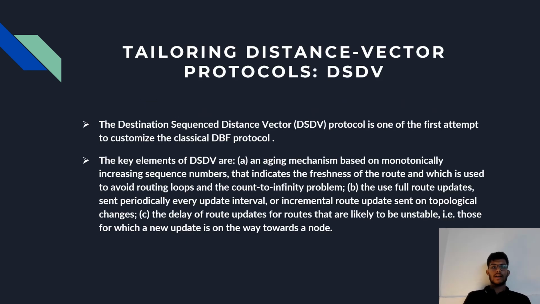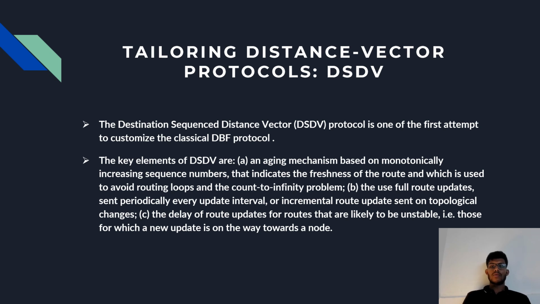Tailoring distance vector protocols: DSDV. The destination sequenced distance vector, DSDV, protocol is one of the first attempts to customize the classical DV protocol. The key elements of DSDV are: A. An aging mechanism based on monotonically increasing sequence numbers that indicates the freshness of the route and which is used to avoid routing loops and the count to infinity problem.